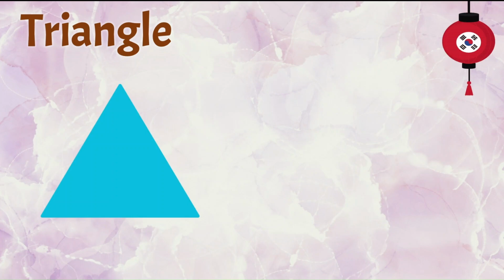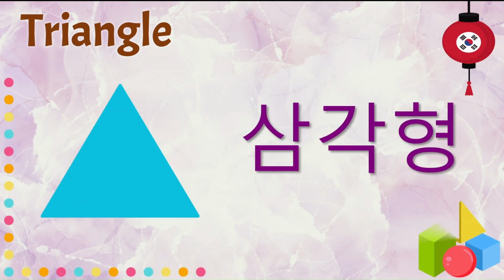Now let's move ahead and see how to say triangle in Korean. And the Korean word for triangle is samgakhyeong. Samgakhyeong. Now here, sam is three in Korean, and gakhyeong, as we have just seen, is the suffix that is used to indicate the shapes that have corners. So a shape with three corners or three sides is a triangle.